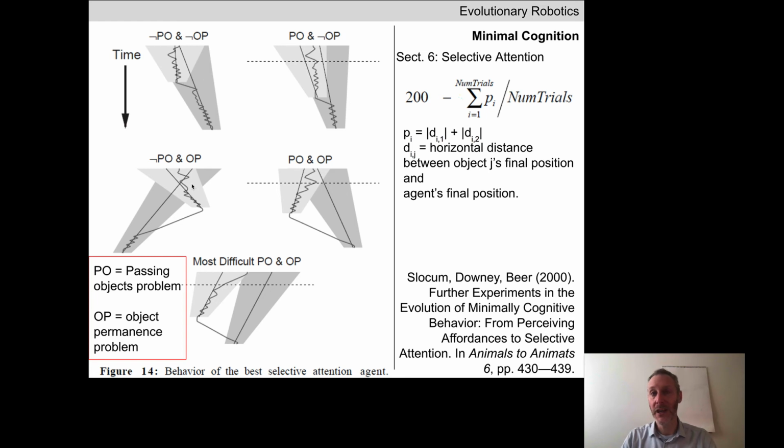Let's look at the third case. Same evolved CTRNN, but now we're going to look at the converse case. No passing objects problem. Whichever object is closest, that's the one that's going to hit the ground first. But there is an object permanence problem. You'll notice this closer object hits the ground at this point in time.